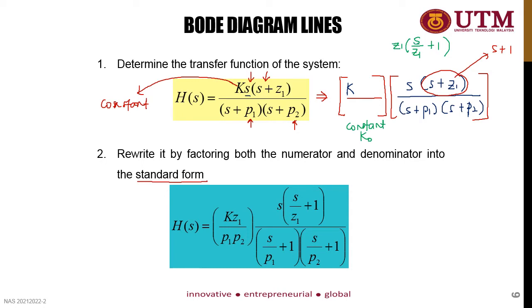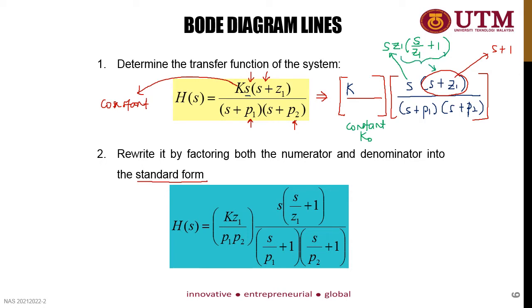It doesn't matter what value it is divided by, as long as the s term is added by 1. So now the numerator becomes s z1 in the bracket s divided by z1 plus 1. So this is the s, and this is from the component.